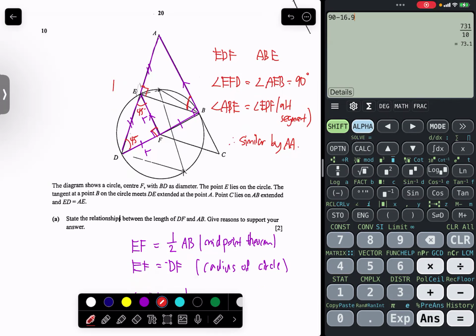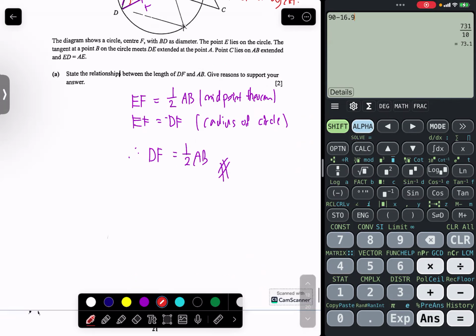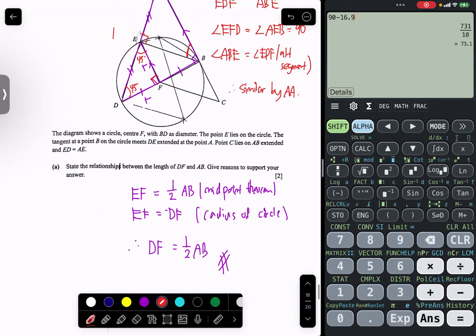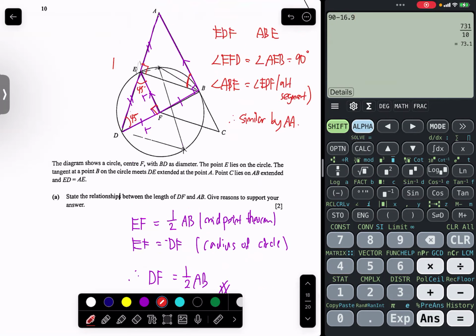So AB squared equals BE times ED times 2. Based on the triangle property, this is 45, so BE equals ED actually.